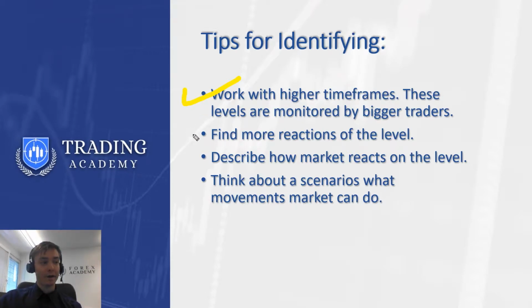The second one, find more reactions at the level. If there are more reactions at the level, it means that this level is respected by traders, and this particular price can create some scenario for traders. For example, I would like to give you a scenario from petrol.